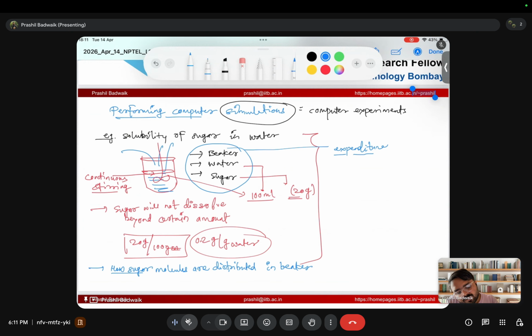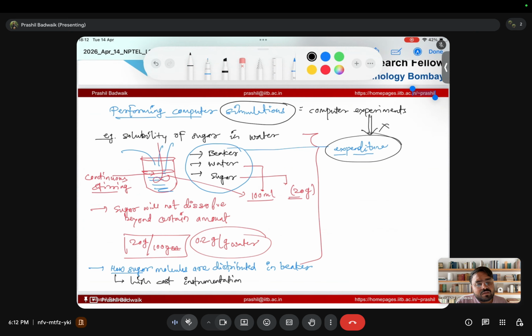We need to again spend more, and use some high-cost instrumentation, which is not the case in a computer experiment, right?